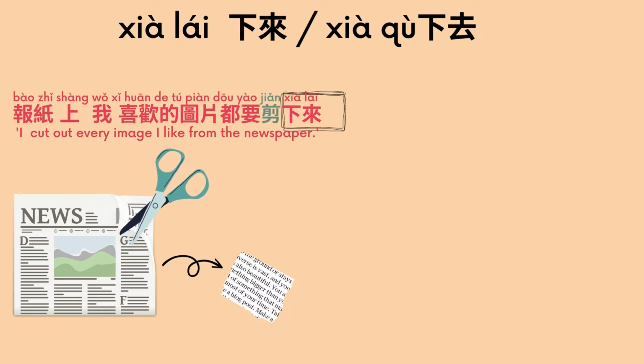The character that comes before the compound direction complement 下来 is 剪. 剪 is a verb that means to use a pair of scissors to remove something from its original location. And when combined with the compound direction complement 下来, it means to cut out.